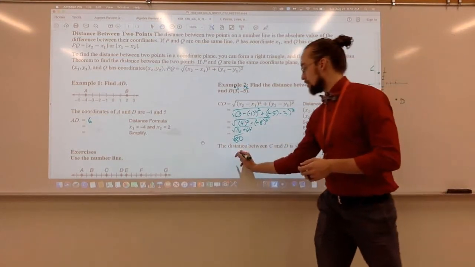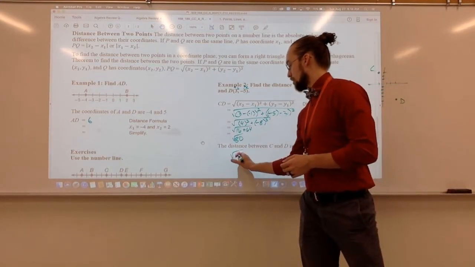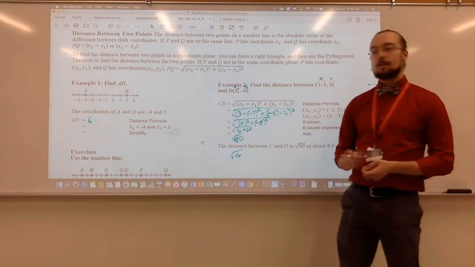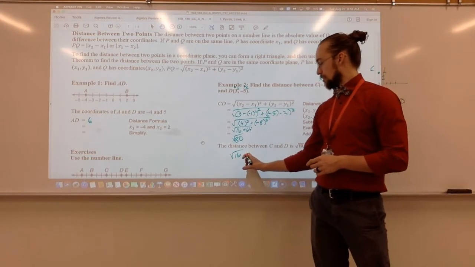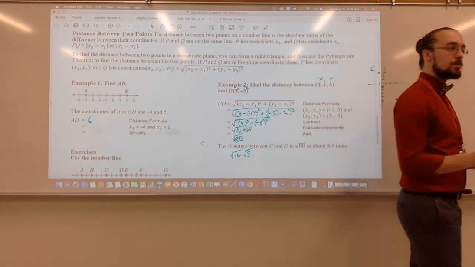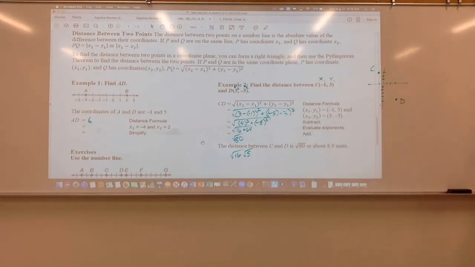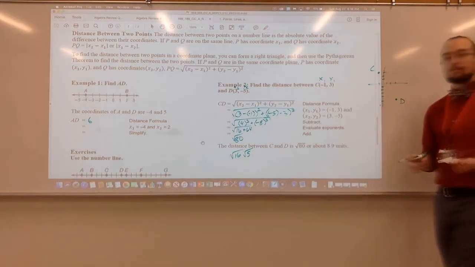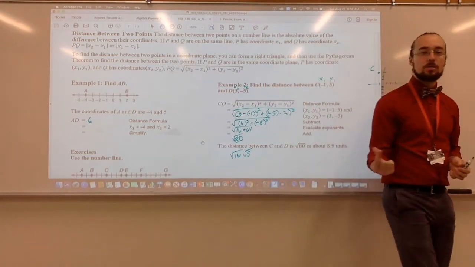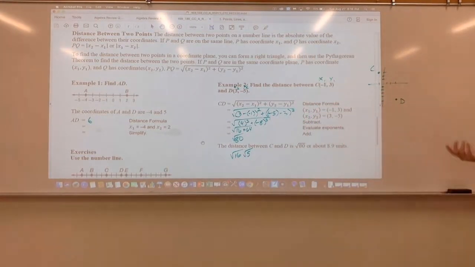Okay, so 16 in the square root. So all we're doing is splitting 80 up into 16 times 5, right? Both of those numbers will still be inside of the square root.